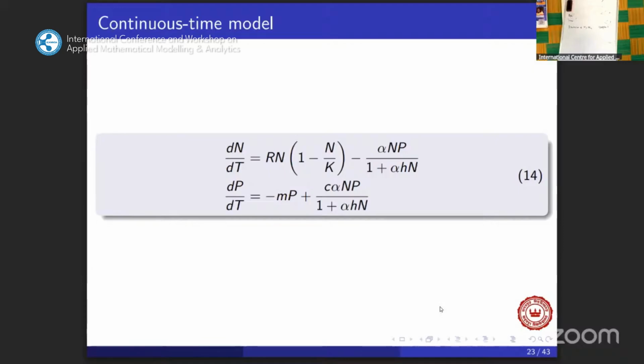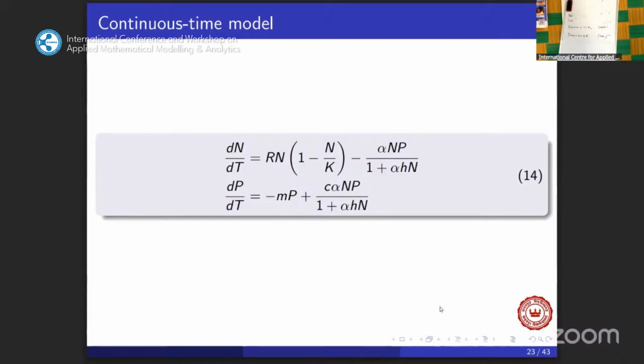What is the dimension of R? It is time inverse. So the left side is population per time, and the first term gives you population and time inverse. C, A, population, P also population.